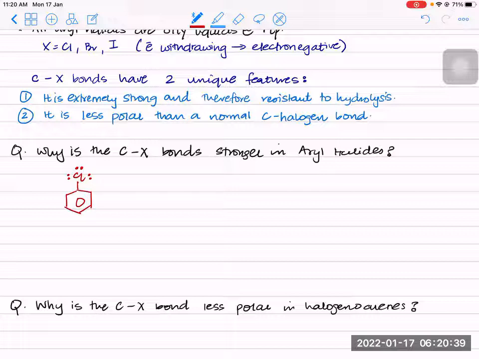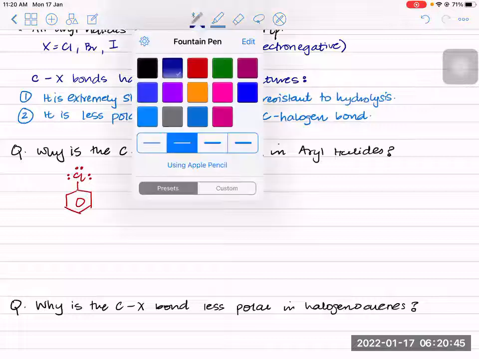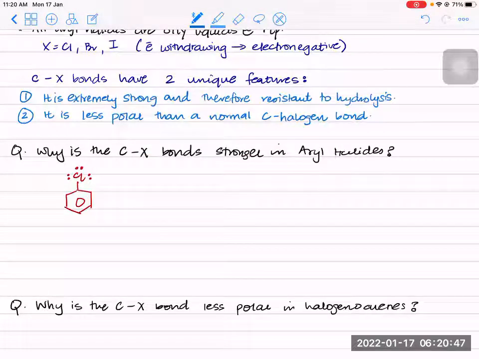These lone pairs are in the p orbital, because chlorine has its outer electrons in the p orbital. So you have 3 lone pairs in the p orbital right here.